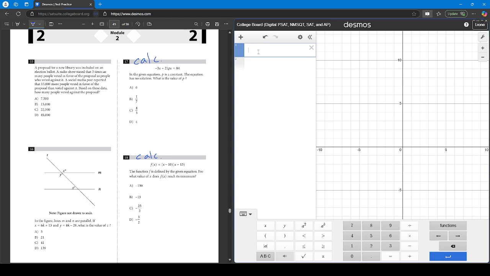So I'm going to put this in: negative 3x plus 21 P x equals 84. And I'm putting that variable P in parentheses so that I can plug in these numbers till I find the one that gives me no solution.